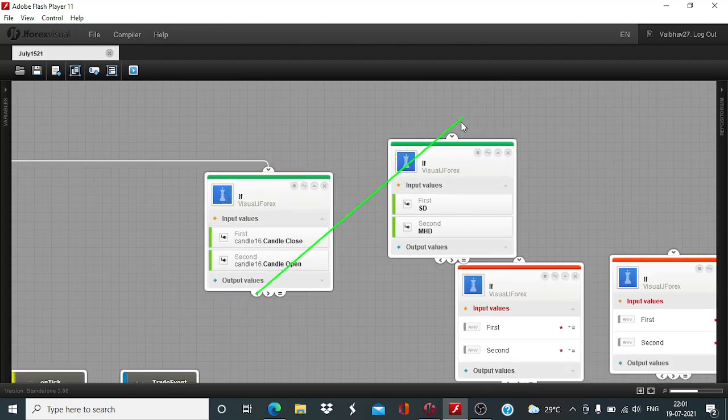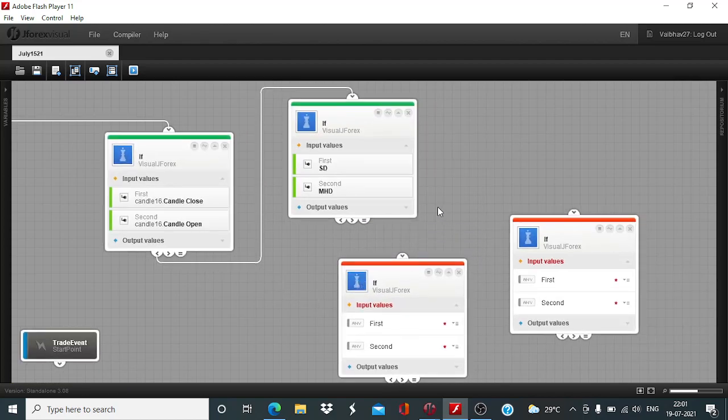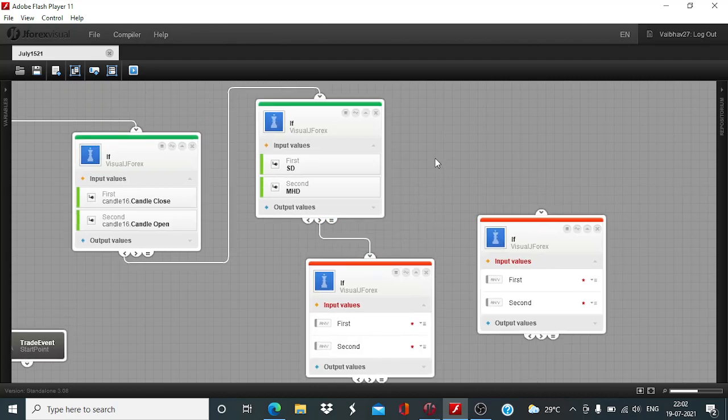First input less than second input. And this time around, first input greater than second input.